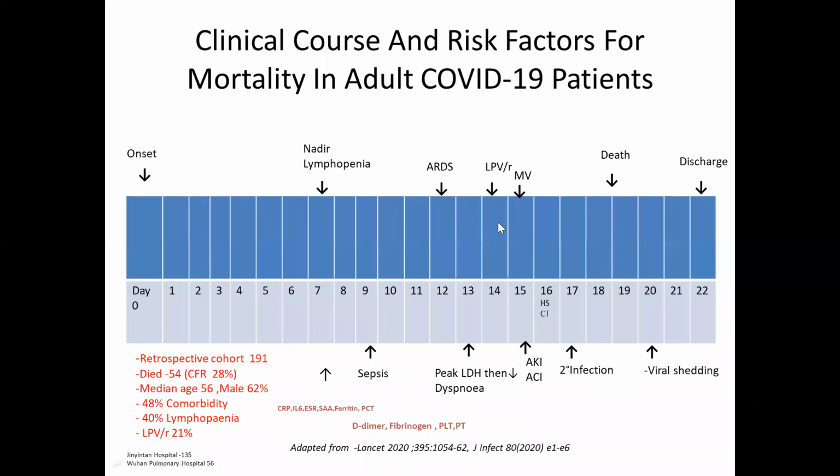And therefore, you can see the burden of death was 28%, way above the case fatality you expect in a population of patients who do not have comorbidities. Now, from the time of onset, we expect symptoms to appear between day 5 and 7. And you expect depletion of lymphocytes with nadir lymphopenia at around day 7.